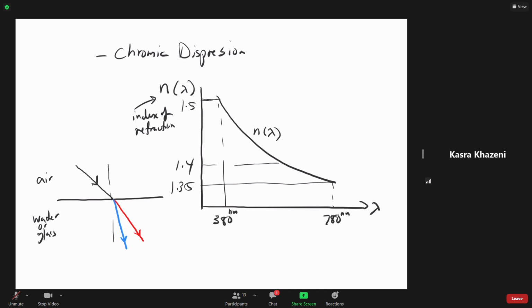When light goes to another medium, because that medium's index depends on the wavelength, each wavelength is going to be bent differently because they see a different index of refraction. In this case, the red is going to see this, and the blue will see that. This is the index for blue, and this is the index for red. And if you use those equations, you see that different numbers will give you different angles.